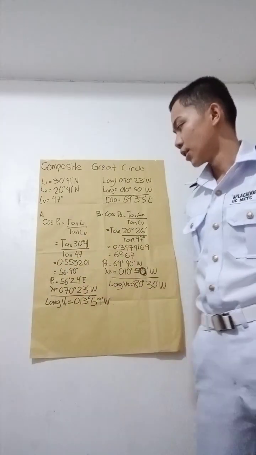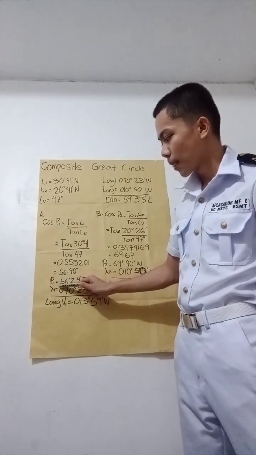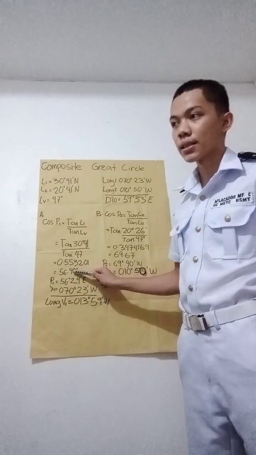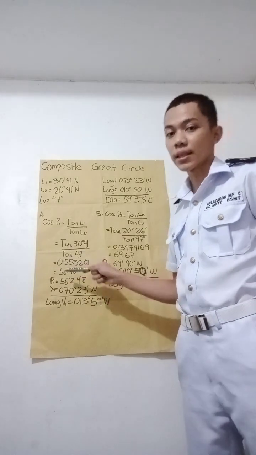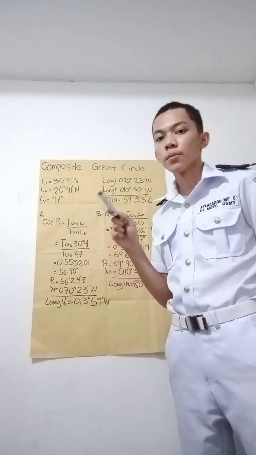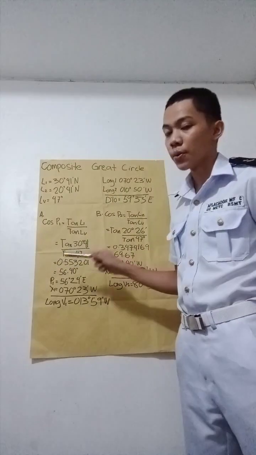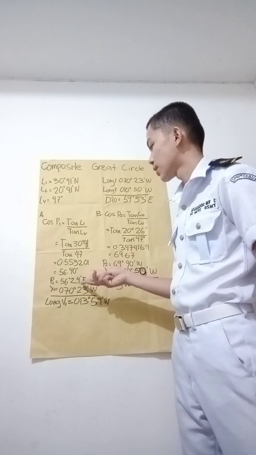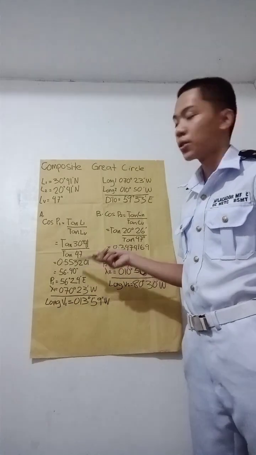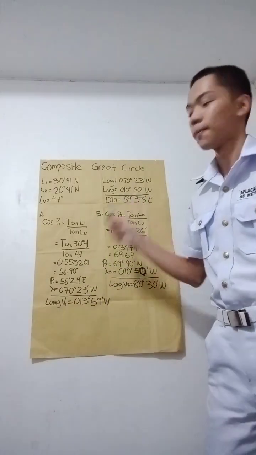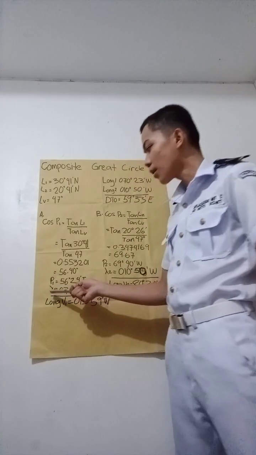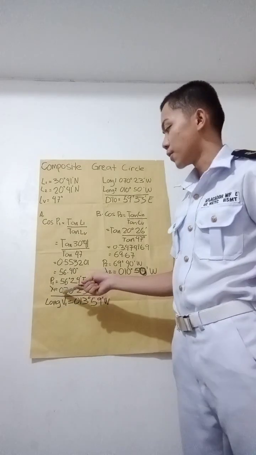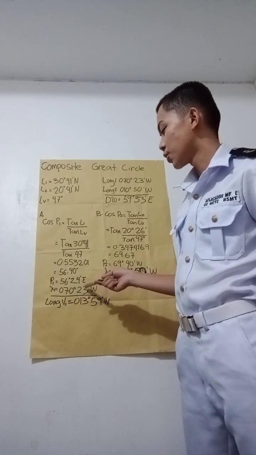56.40 degrees. So bring down the 56, then this 40 we need to multiply by 60. So 60 times 0.40 equals 24 minutes. Why west? Because of the sign of our DLO. Our long 1 is 070 degrees 23 minutes west.